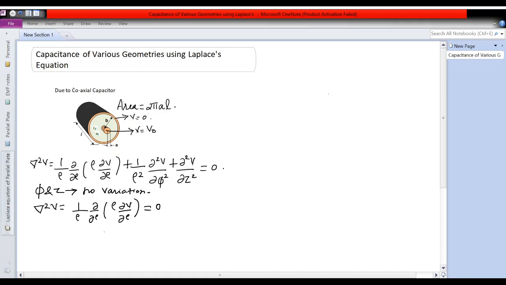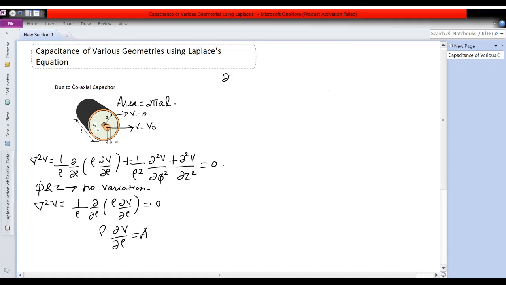Rho into dou V by dou rho equal to A. Now I take rho to the denominator, so dou V by dou rho is equal to A by rho. Again, when I integrate 1 by x, it is log of x; here we write it as ln, natural logarithm. So V equals A into ln of rho plus B, where B is the constant of integration, and we have arrived at the general equation.